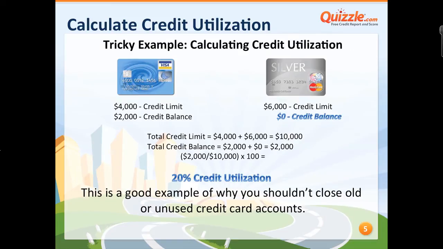So now we're going to look at a little bit of a tricky example, but a very important example. In this particular case, we're going to use the same two accounts in the same aggregate account picture, but in this scenario, I've actually paid off the MasterCard. So my credit balance now on the Silver MasterCard is $0, which gives me a credit utilization on that particular card of 0%.